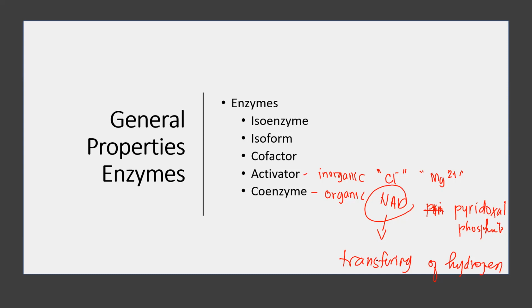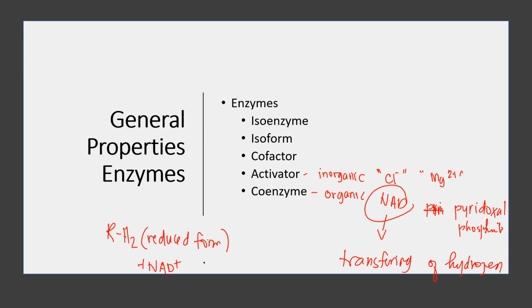To give you a more detailed discussion, remember, for example, in the reaction, this is the reduced form, NADH. Why reduced form? Because it gains hydrogen, plus NAD+.